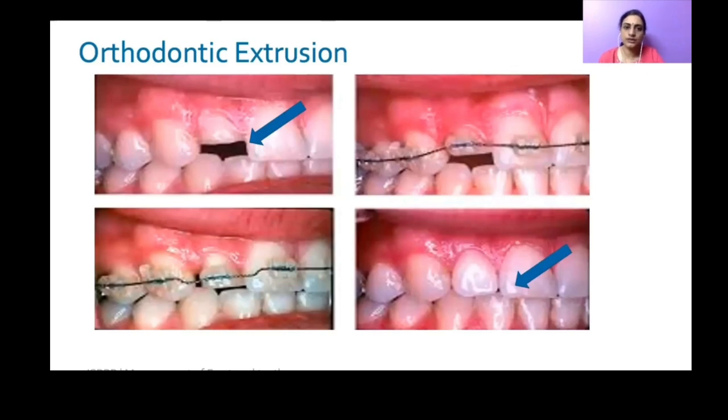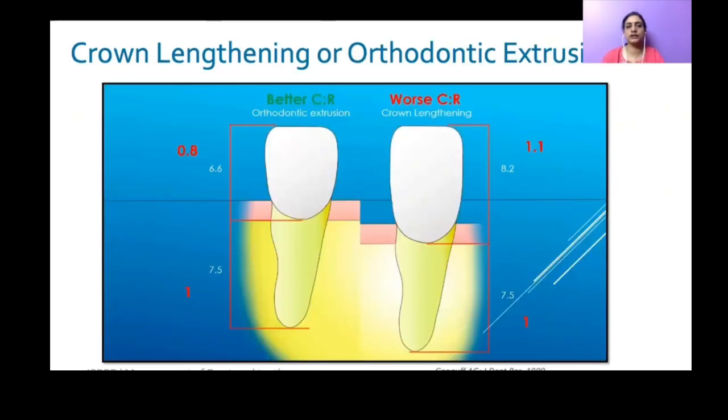Now, what is the difference between orthodontic extrusion and crown lengthening? Have a look at this image. Here, the orthodontic extrusion has resulted in decrease in the root length. But because the crestal bone height is maintained at the same level, the crown length has also remained the same. Therefore, this has resulted in a favorable crown root ratio.